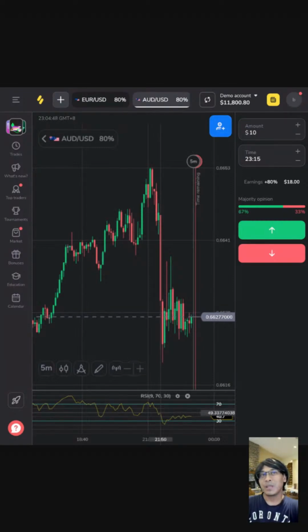Traders are feeling negative about the asset. Now if that continues and it moves from 50% all the way down to 30%, then we see that the sentiment or the momentum is turning even more negative.